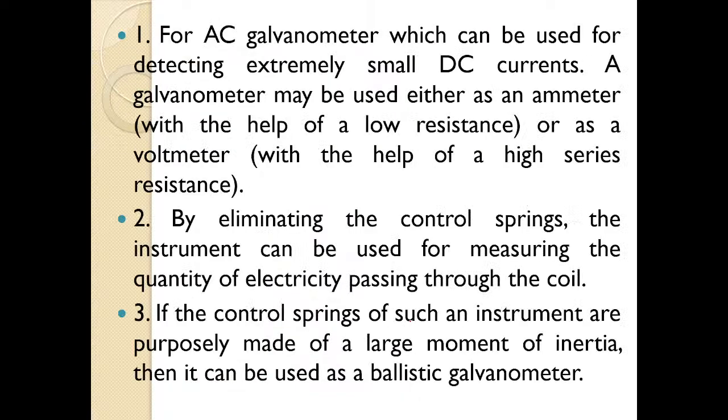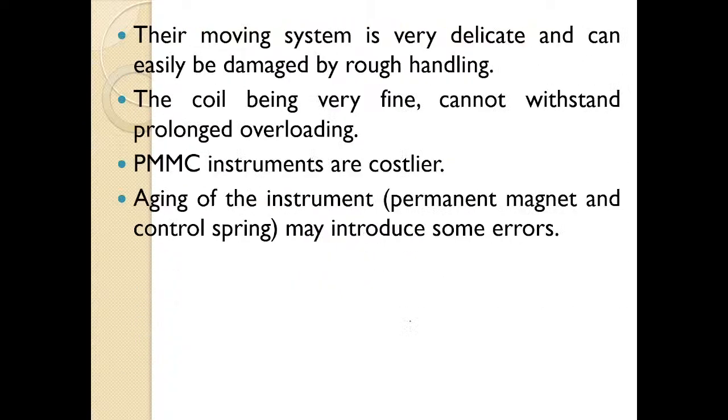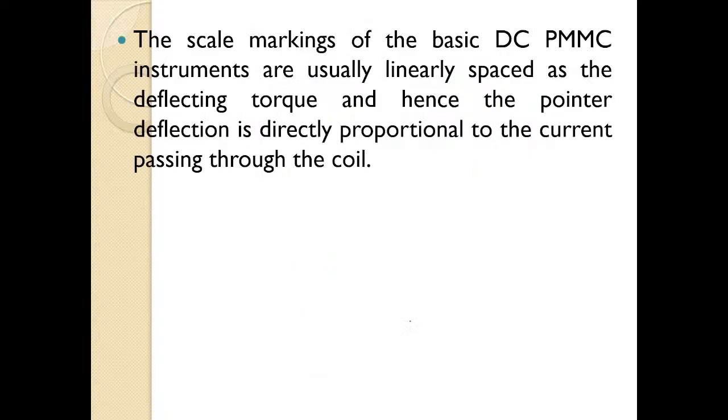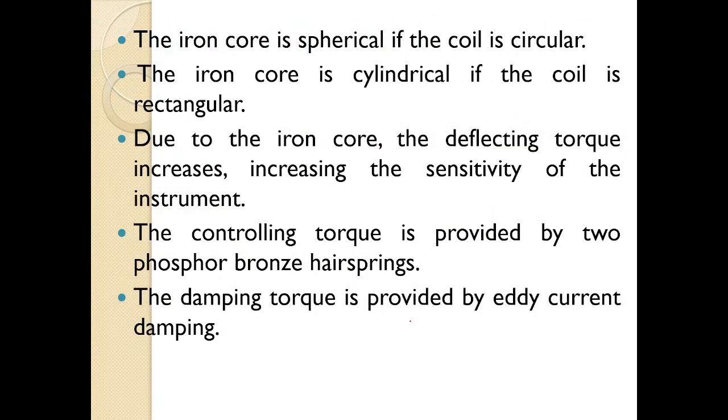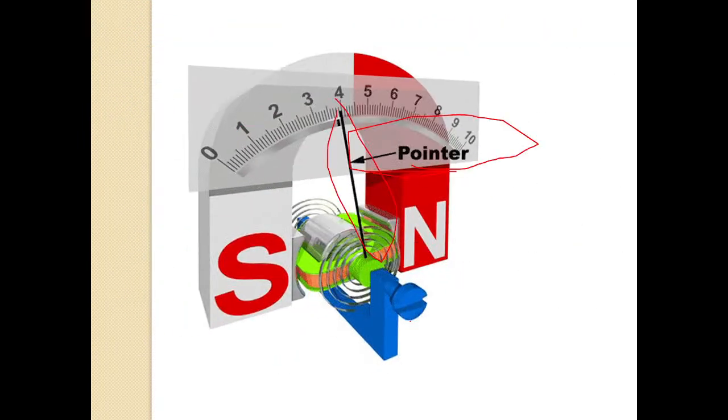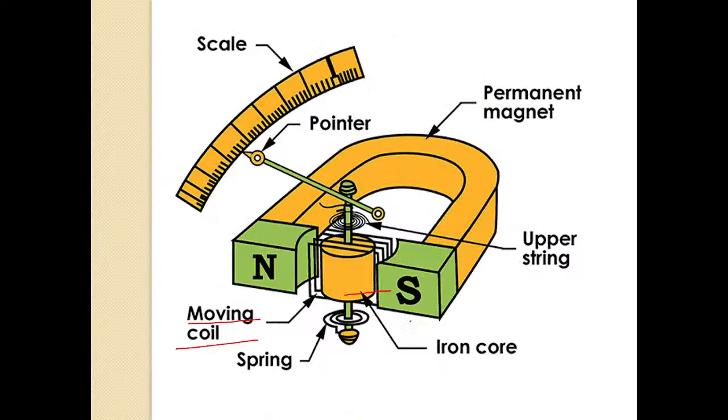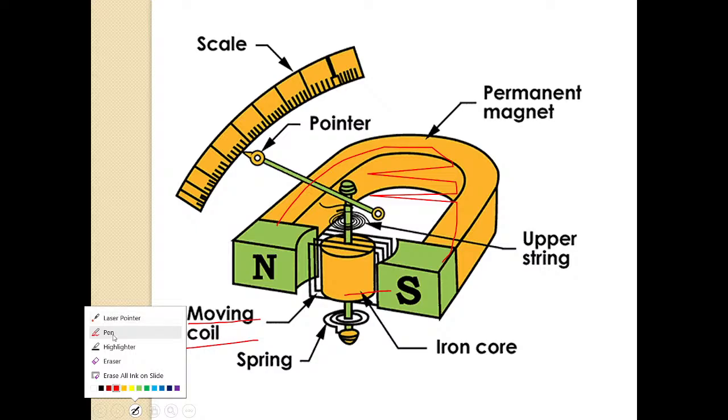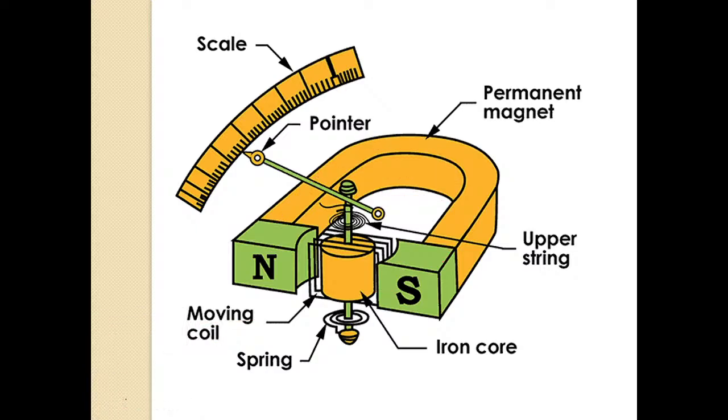If you want, I can briefly explain once again the operation of this permanent magnet moving coil. From this image, the permanent magnet moving coil will have a horseshoe-shaped magnet.